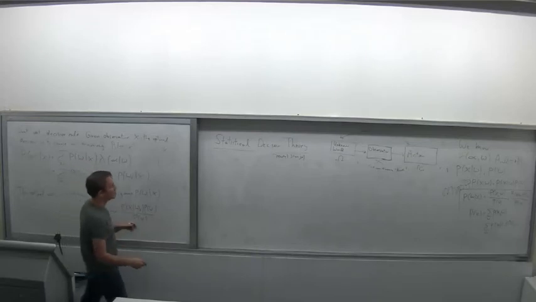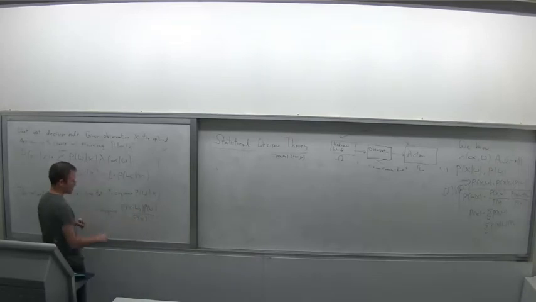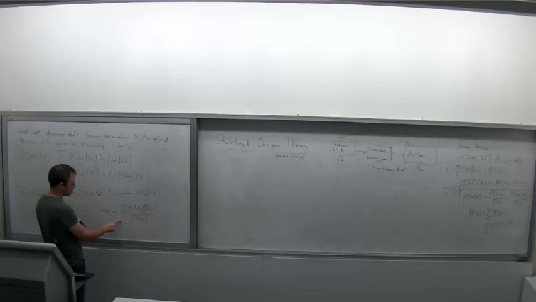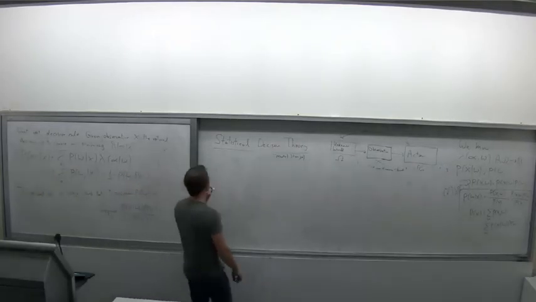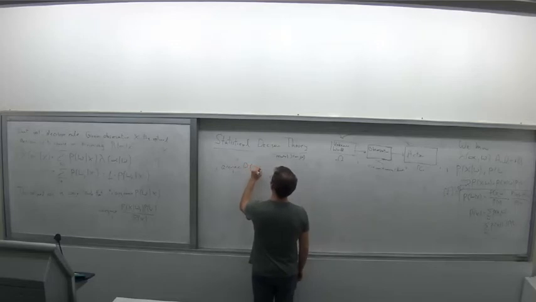But actually, does it matter, this P of x? Does it matter? It's just a constant, right? So it's maximizing over i. So this is actually equal to the arg max over i of P of x given omega i times P of omega i.